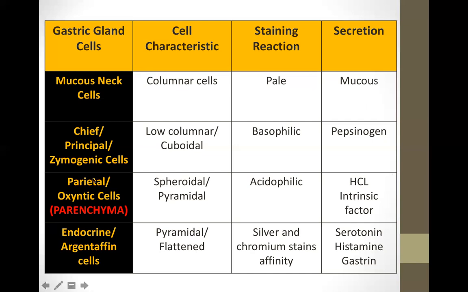Okay? That is the parenchyma, the parietal or oxyntic cells. What about the chief cells or principal cells? They are cuboidal in shape. They are most numerous. They are basophilic or they are blue, and their secretion is pepsinogen. Okay? Their secretion is pepsinogen.